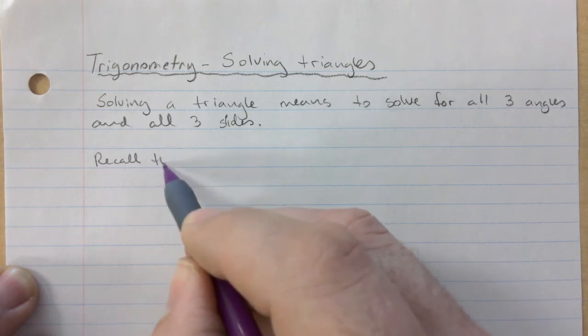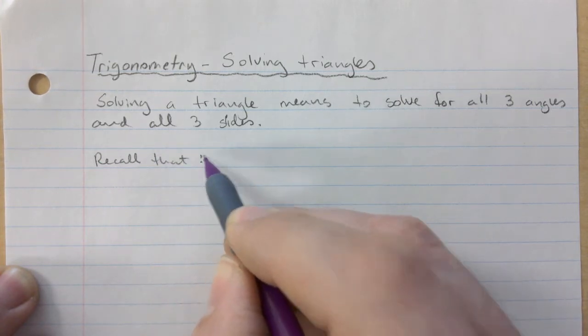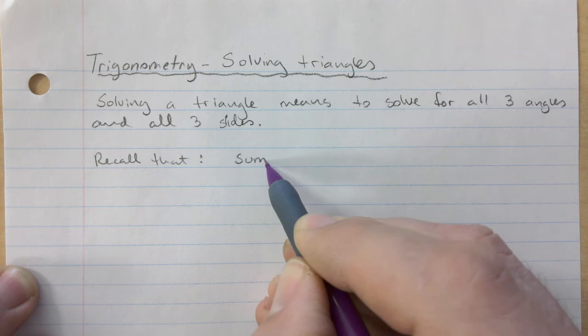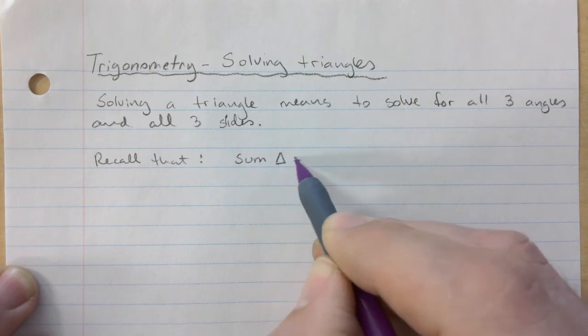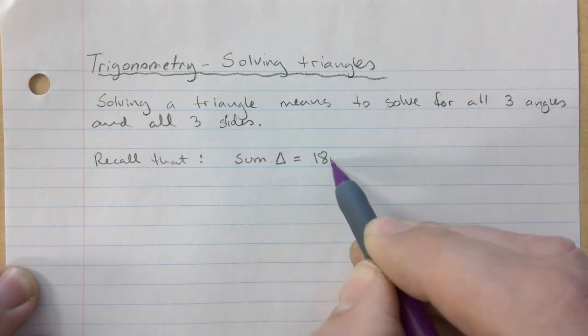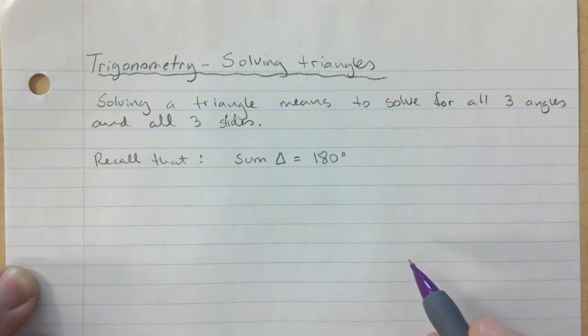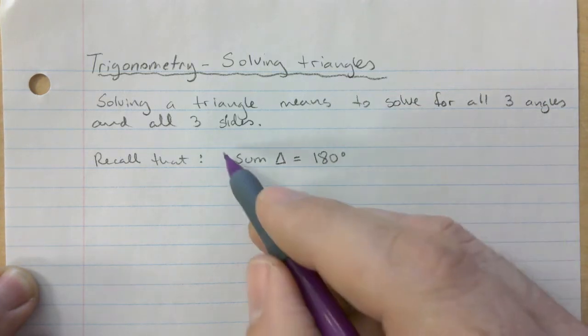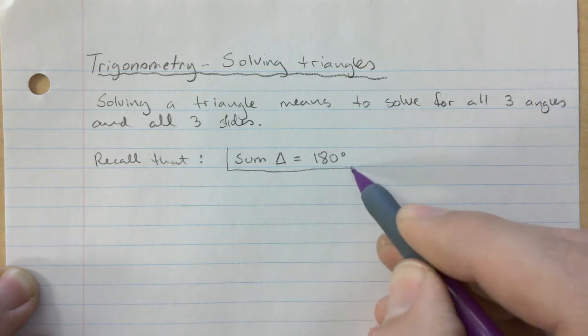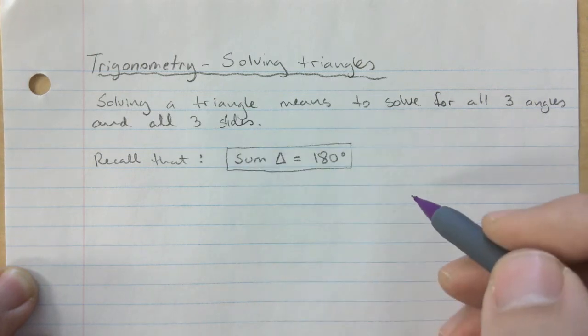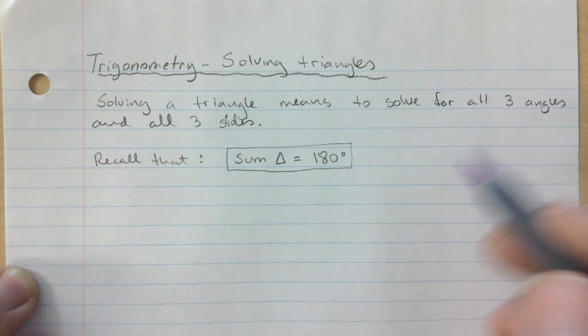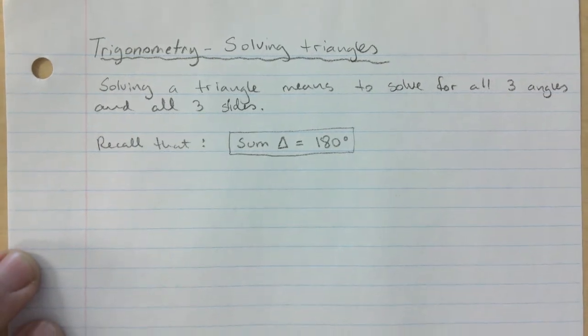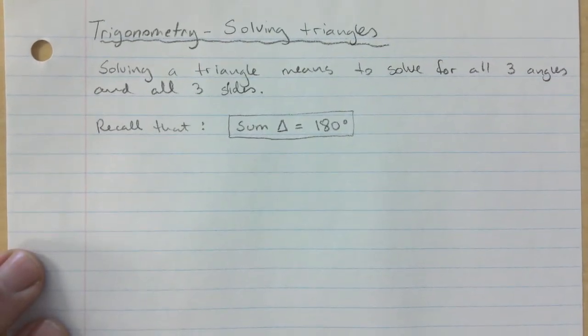Recall that the sum of angles in a triangle is always equal to 180 degrees. So this is going to be big for us in order to solve and make it easier for us.